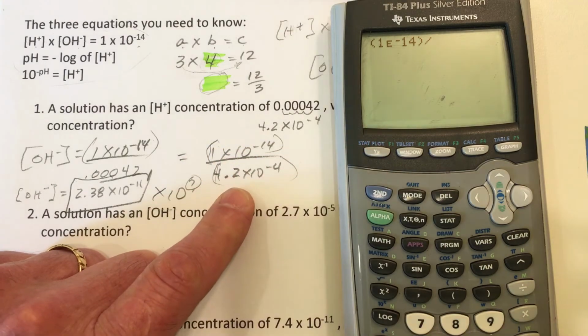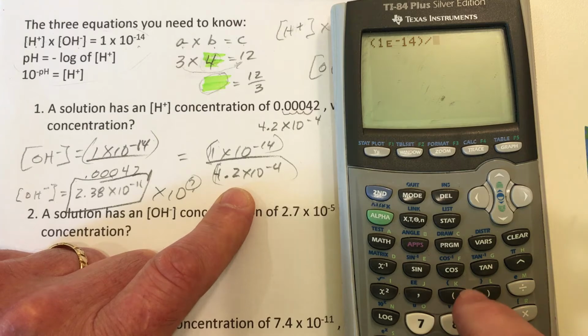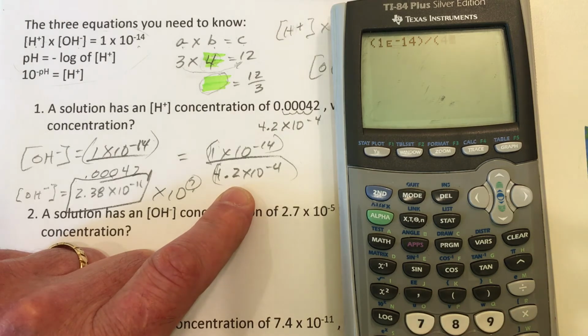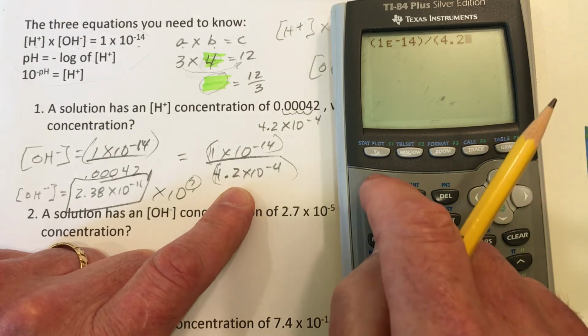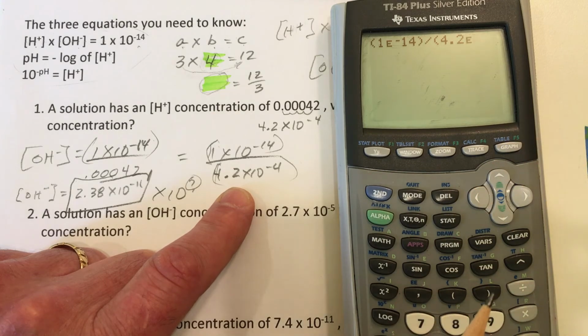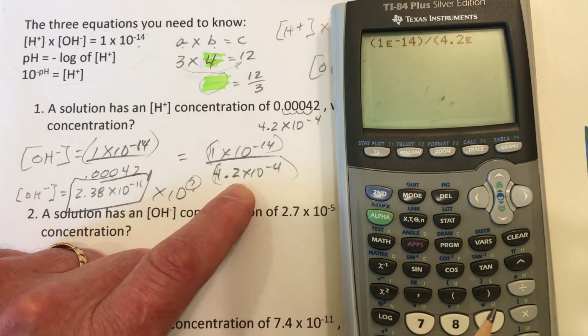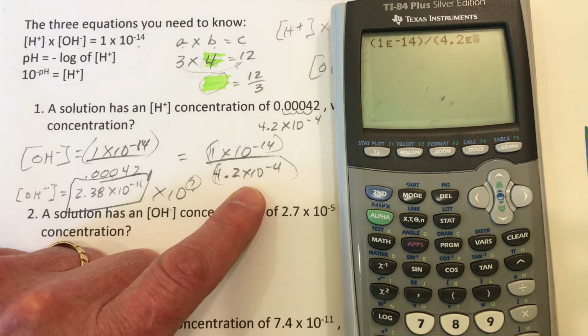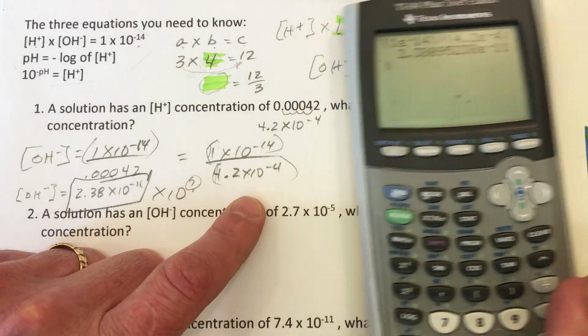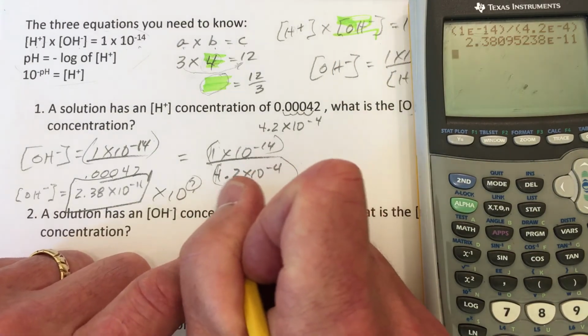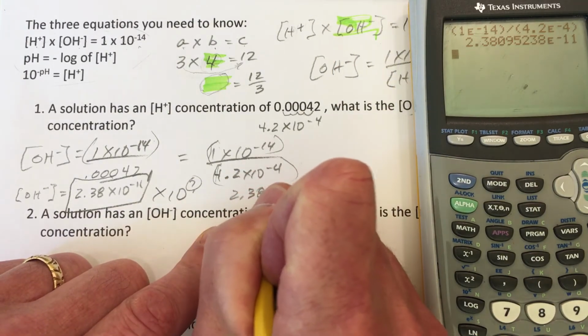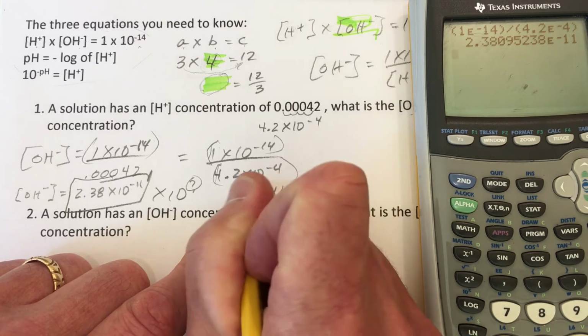Sorry, my calculator's in the way. Divide by, let's see, parenthesis, 4.2, second, EE, that's the times 10 to the, and now a negative 4, close parenthesis, enter, and I get the same answer, 2.38 times 10 to the negative 11.